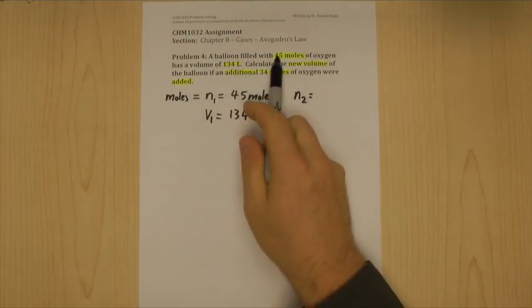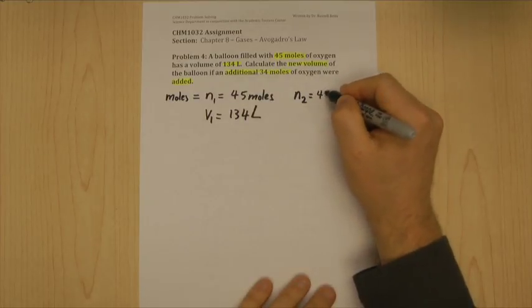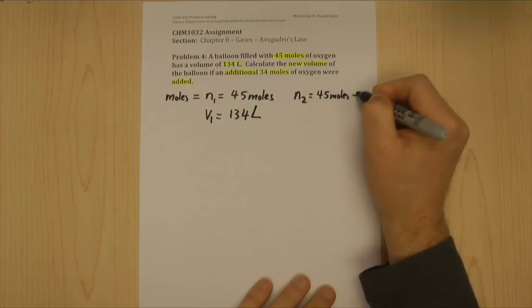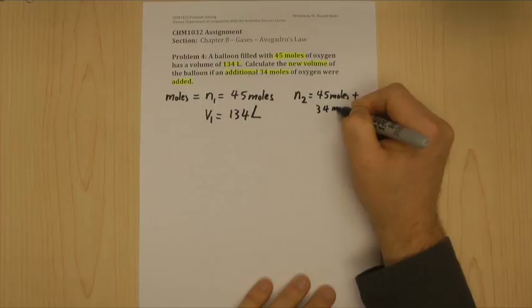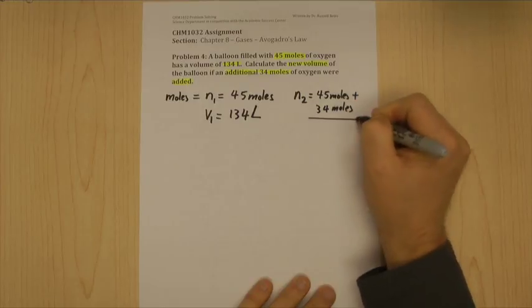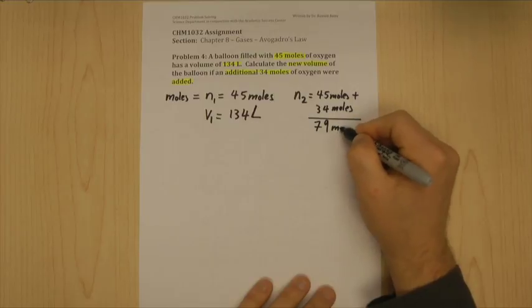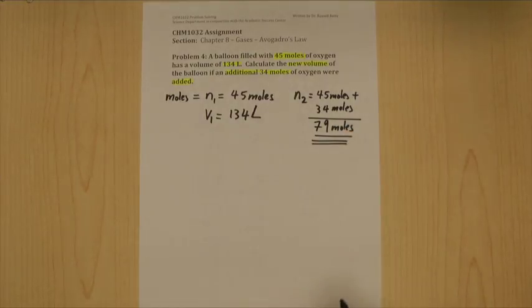So we're adding to what we already have. So N2 is actually 45 moles plus 34 moles for a grand total of 79 moles. That is N2.